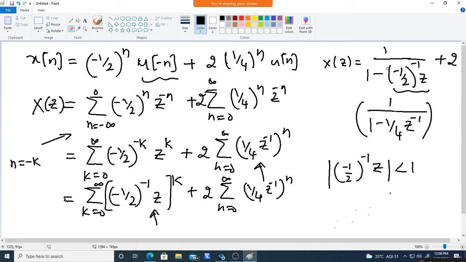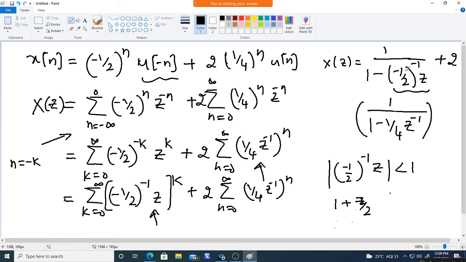So 1 plus half, that is z by half, that also you can take. That is 1 plus z divided by 2. This inverse, in the lower part, 1 plus z by 2, that also you can take.